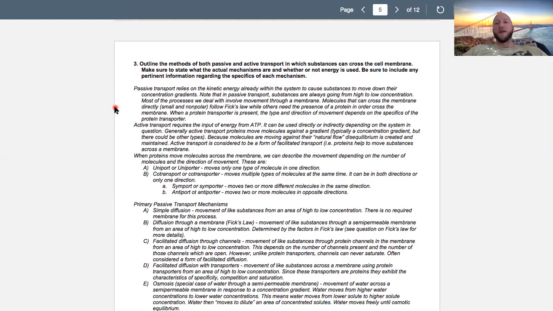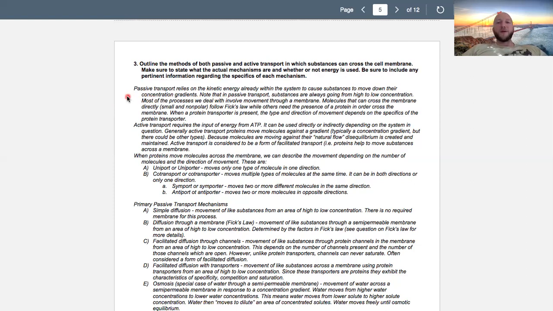So first off, you want to kind of break this into categories when we're talking about transport across a membrane. Is it passive or is it active? Passive relies on the kinetic energy already within the system. It relies on concentration gradients.